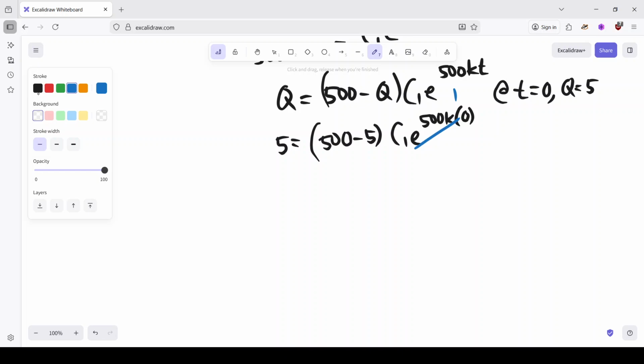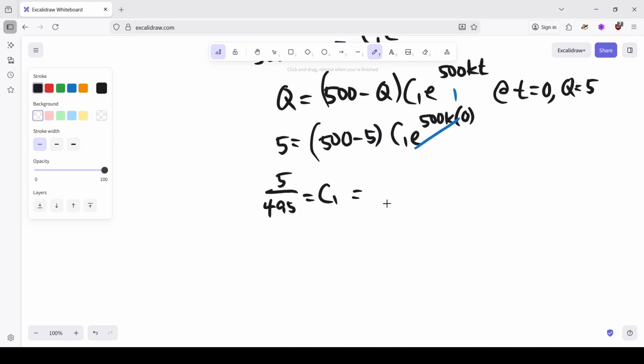Okay? Then, 500 minus 5 natin magiging 495. Transpose natin sa kabilang side. So, we have 5 over 495 is equal to c1. Okay? So, c1 now will be 5 over 495. Or we can further simplify this.